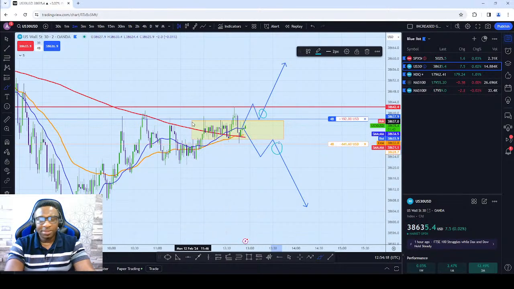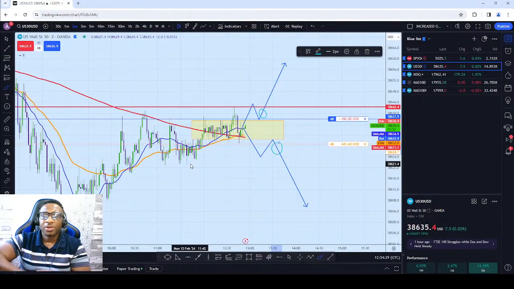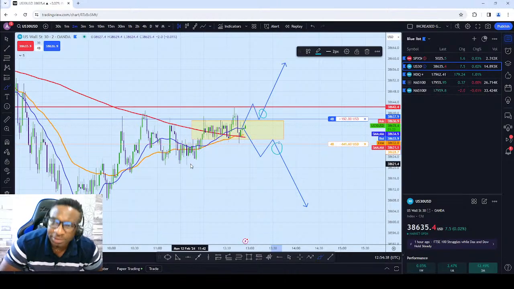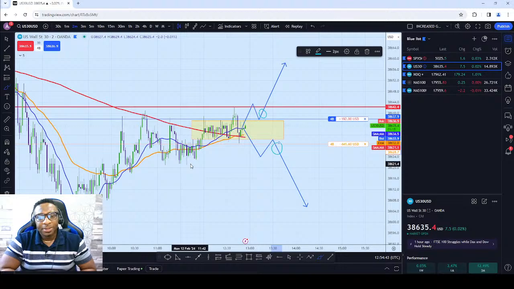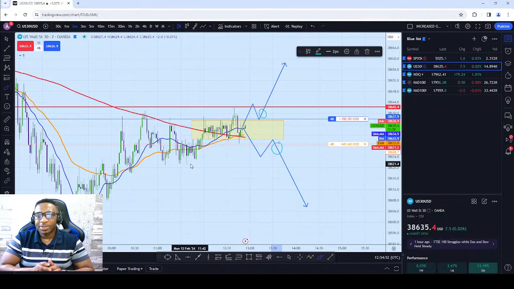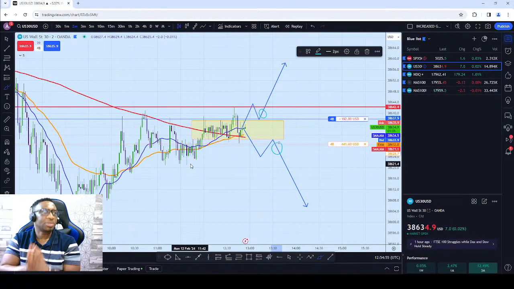Guys, as I said, this is a very simple strategy and it's very powerful. One of us was trading during the weekend on crypto, BTC, Bitcoin, and made $22,000 just using this simple but powerful strategy.